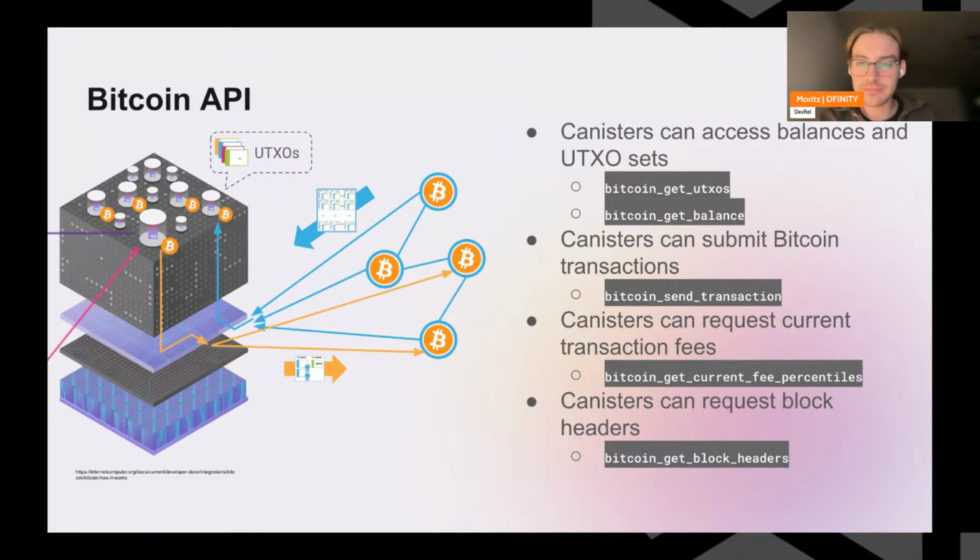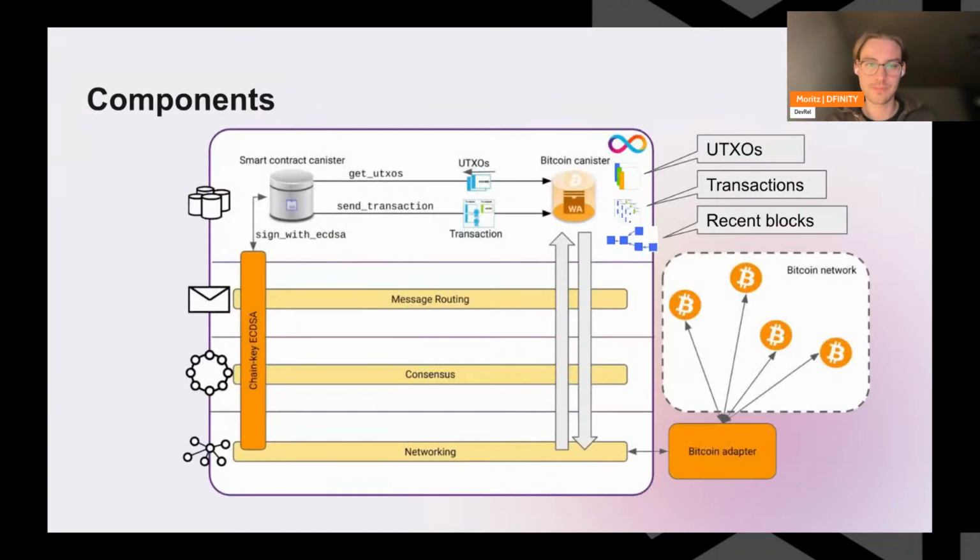Okay. Let's continue. All right, so this is the high-level API. So pretty basic, right? Just 5 different functions, but they give you, I think, enough to build a lot of things. Yeah, not everything, but enough to build most of the things.